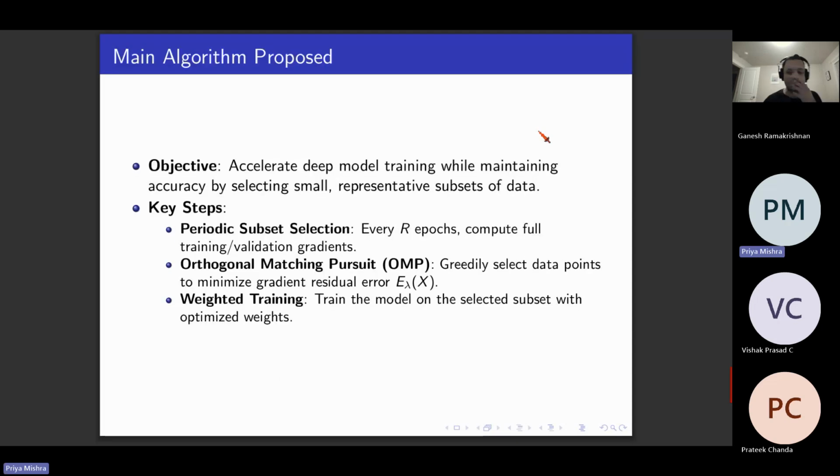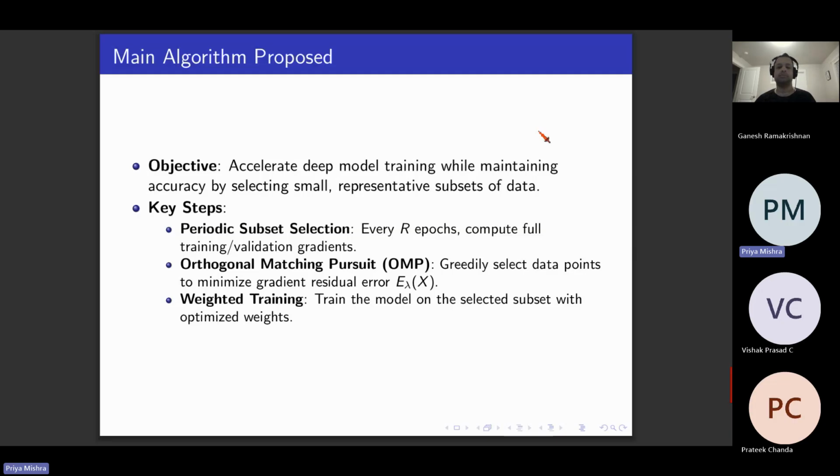And coming to the algorithm, the objective is already explained: we should accelerate deep model training while maintaining accuracy by selecting a subset of the data sets. Let me say a brief on the algorithm. These three steps are the key steps. One is periodic subset selection.